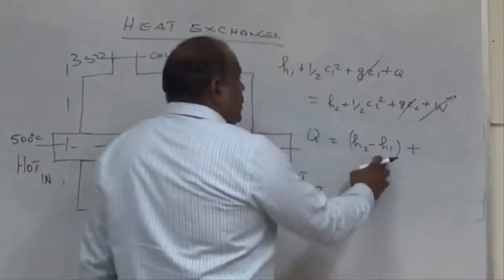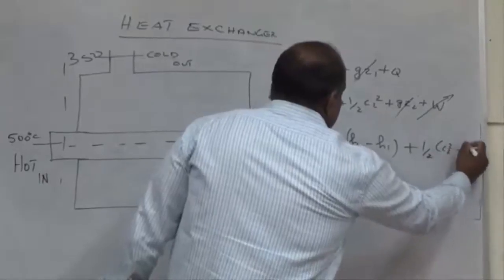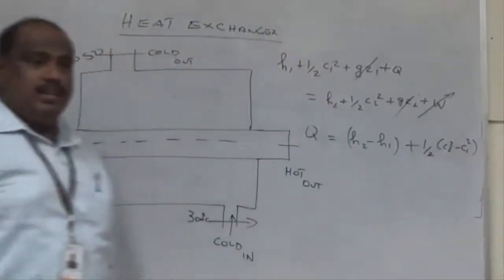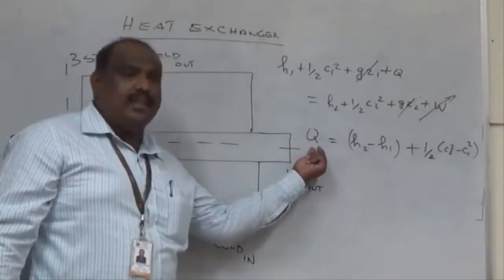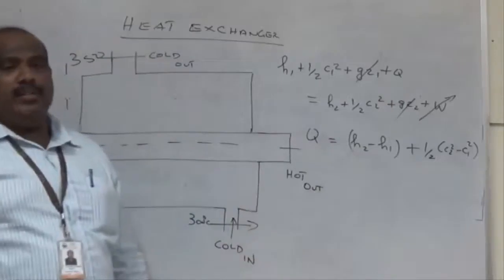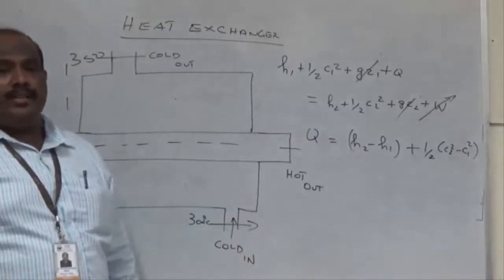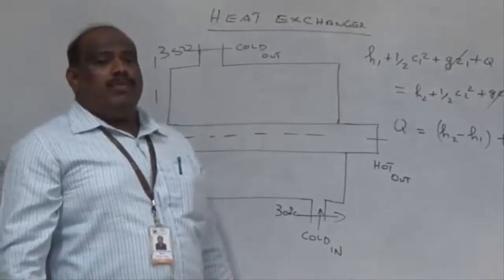So Q is equal to h2 minus h1 plus half into c2 squared minus c1 squared. Got the logic? So once again, the purpose of a heat exchanger is to have the heat transfer. Yes, we have Q. If this Q is positive, it is endothermic. If this Q is negative, it is exothermic. But all this heat transfer is taking place within the two fluids.